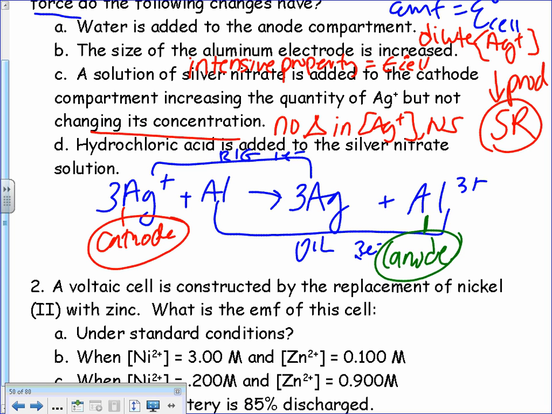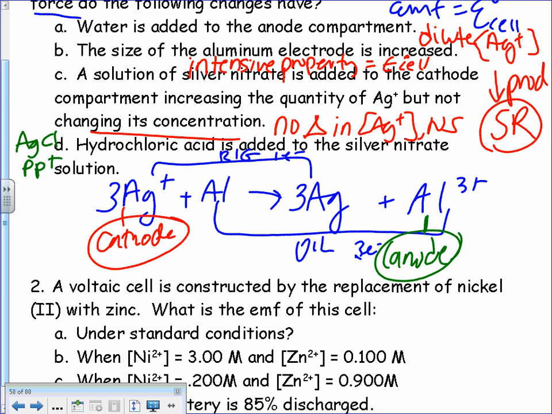Hydrochloric acid is added to the silver nitrate solution. Give me some initial thoughts. Okay, I hear dissolve and I hear what? What's forming? Silver chloride. You see the silver ion and the chlorine would come together. So if silver chloride is forming a precipitate, what is that doing to the stuff we're interested in?